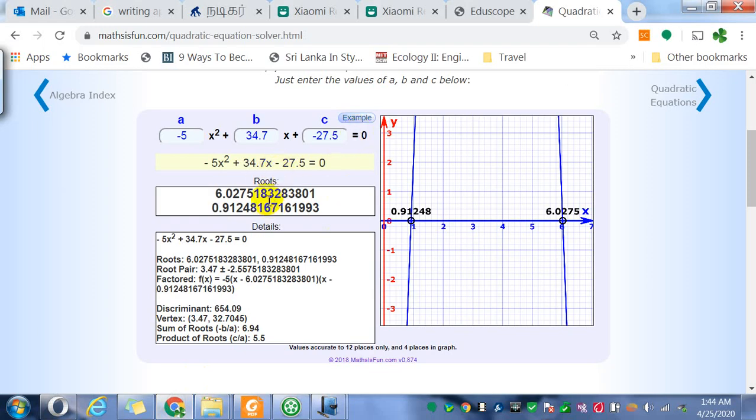For this equation there are two values, one is 0.9, the other is 6.027.